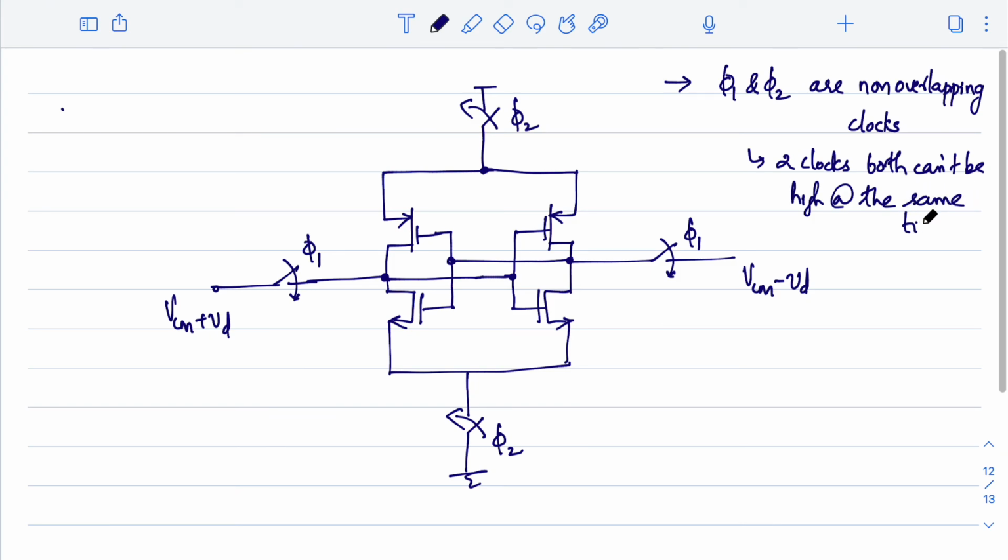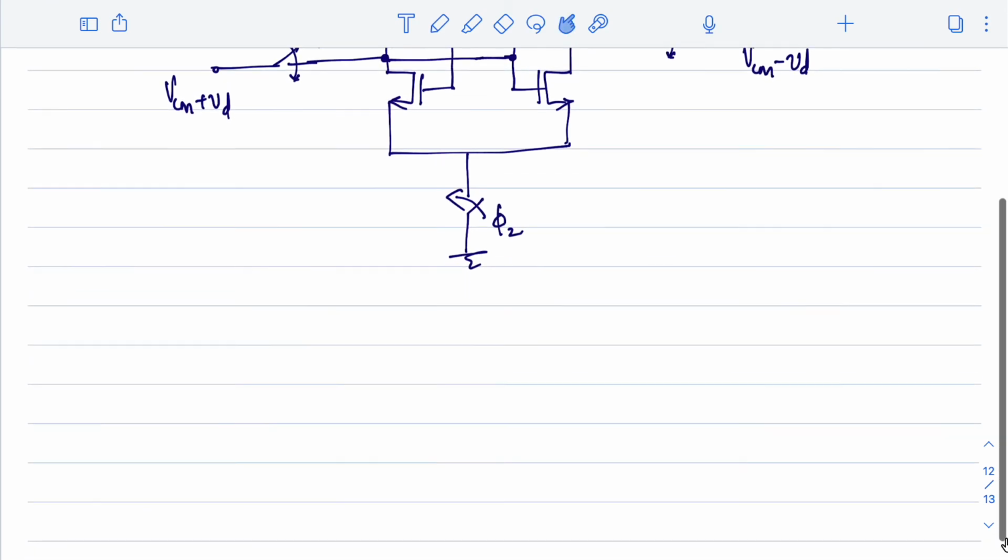By the way, this clock is exactly what is needed in the bootstrap switch we discussed, right? Wherever we use phi 1 and phi 2, in all those places we need these non-overlapping clocks. And we did not discuss a circuit which can generate non-overlapping clocks. There are different circuits available, and the simplest one is, let me just draw it here.